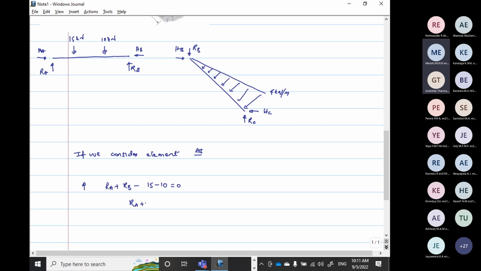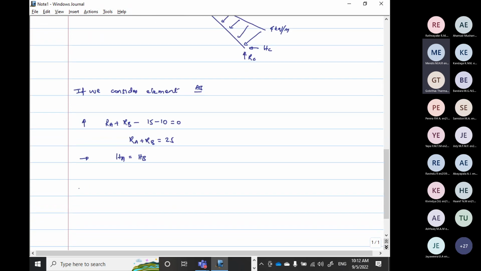So RA plus RB is 25. If you balance horizontally, HA is equal to HB. We can't say it is 0. Okay, we can't say it is 0. But we can say it is equal to HB.